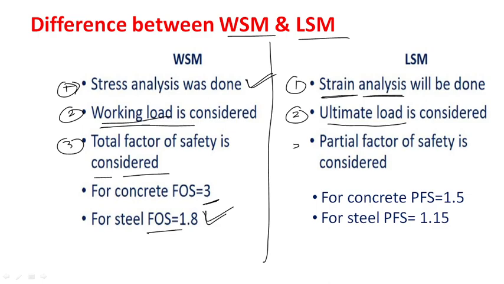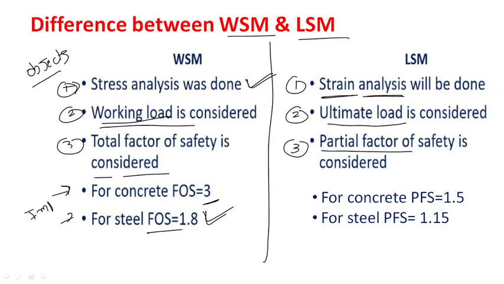But the important point is that in limit state method they consider partial safety factors. These 3 to 4 points are very important while comparing the working stress method and limit state method. They may ask you objective questions on this topic.